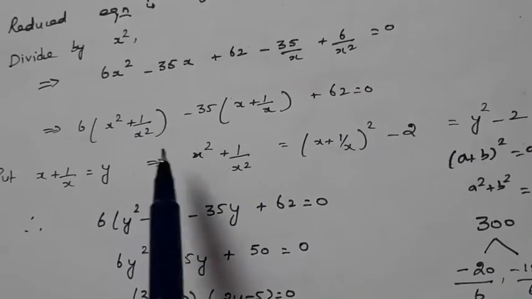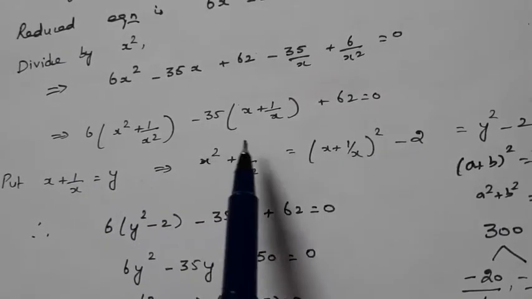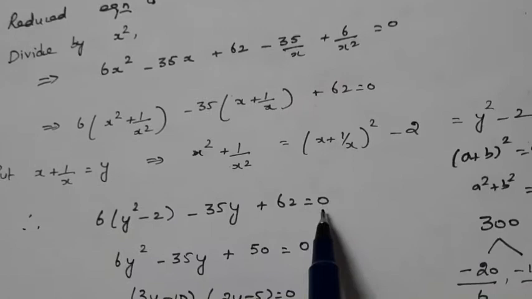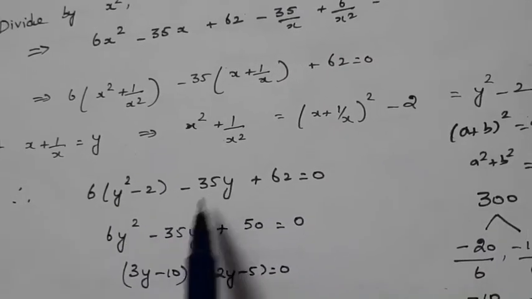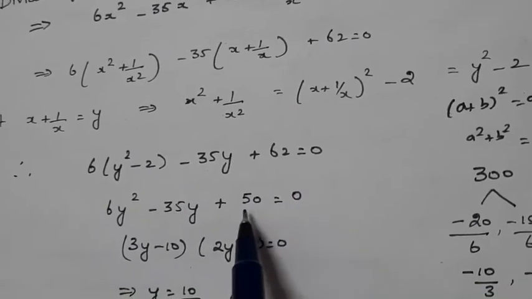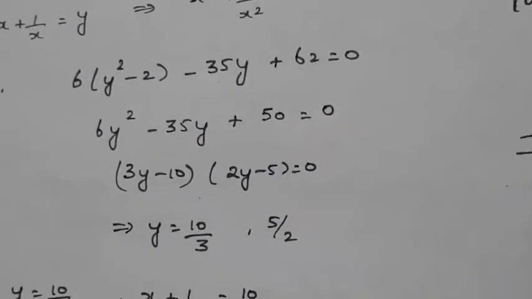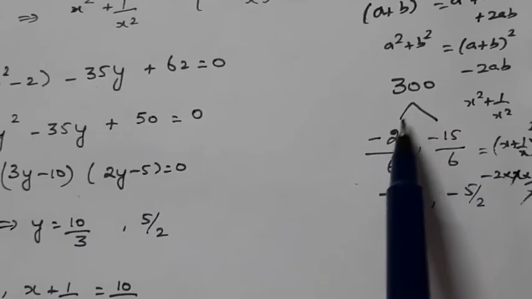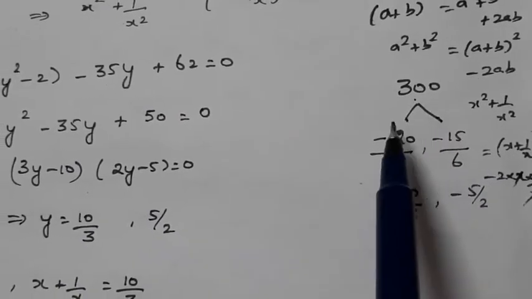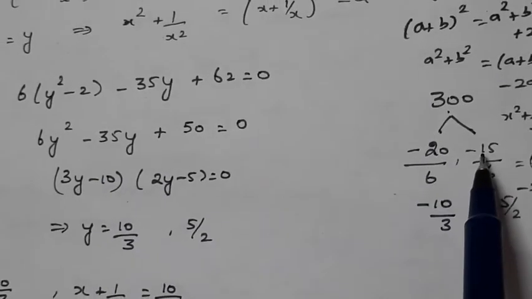Okay. So, what happens to the given equation? It reduces to 6 into y squared minus 2 minus 35 into y plus 62. That is 6y squared minus 35y, then minus 12 plus 62, that will be plus 50 equal to 0. So, 6 into 50 is 300. So, what are the two factors for 300 whose summation will be minus 35, means minus 20 and minus 15.